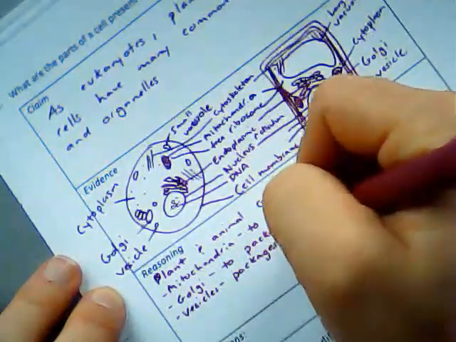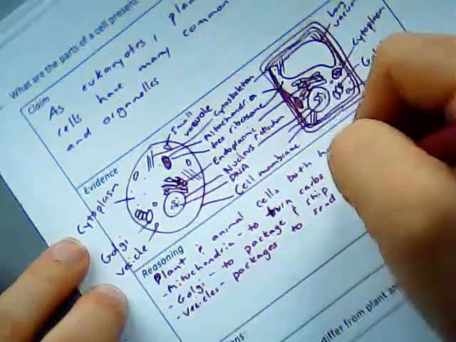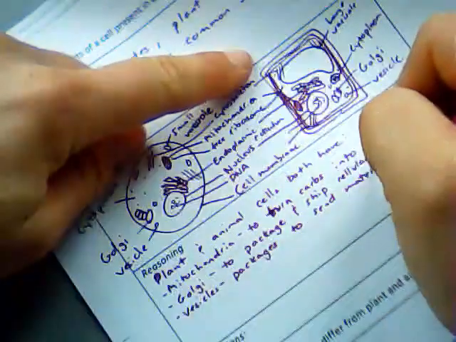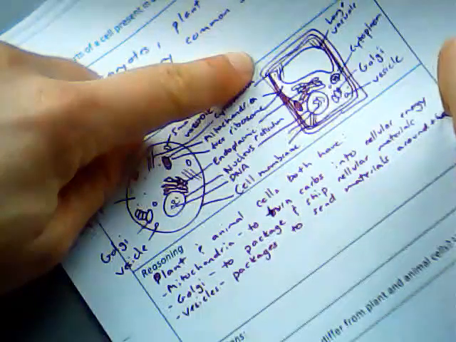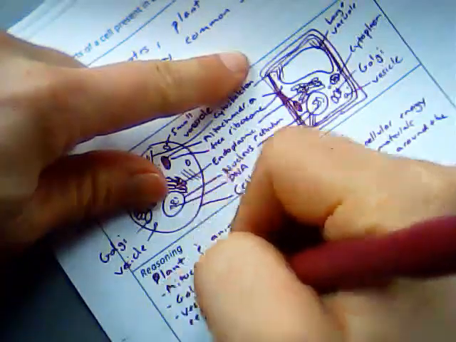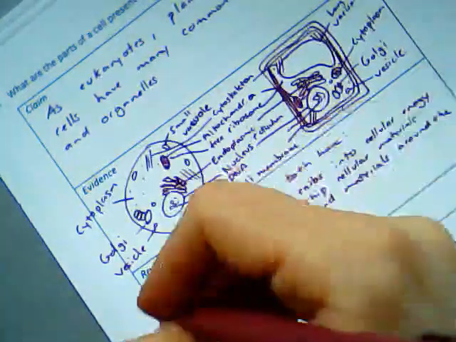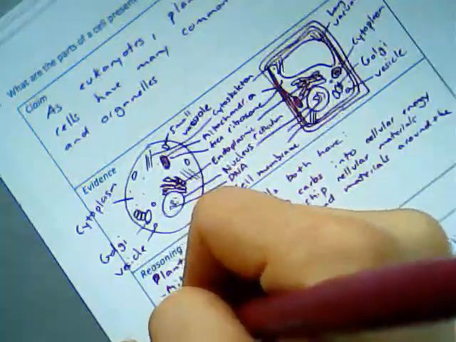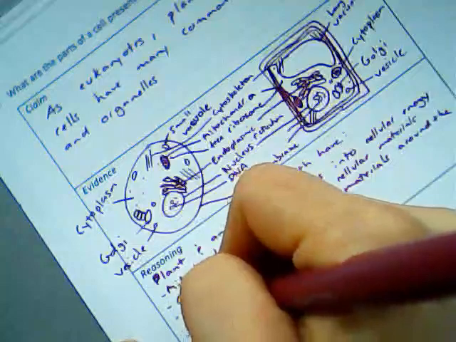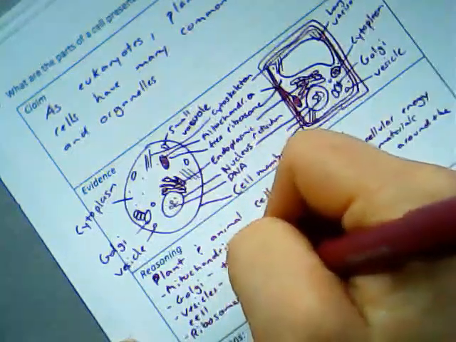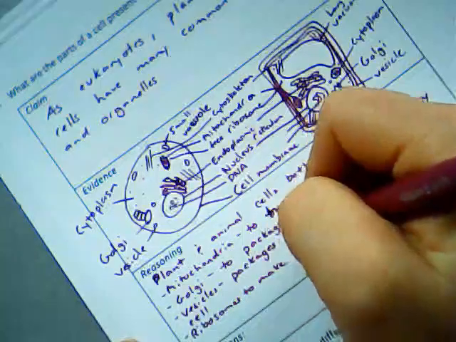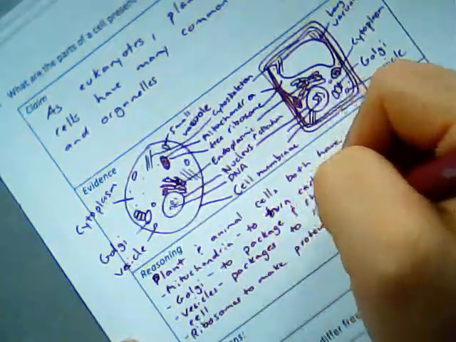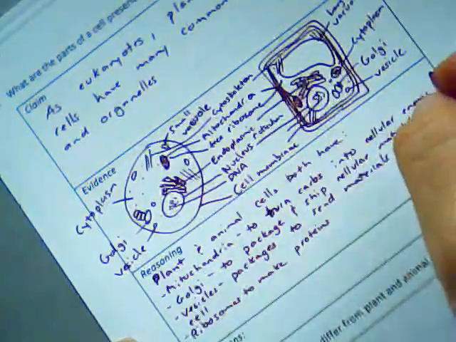Packages to send materials around the cell. Okay. Ribosomes to make proteins.